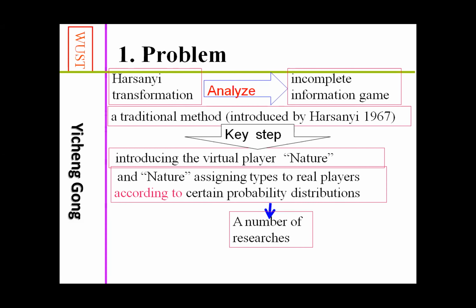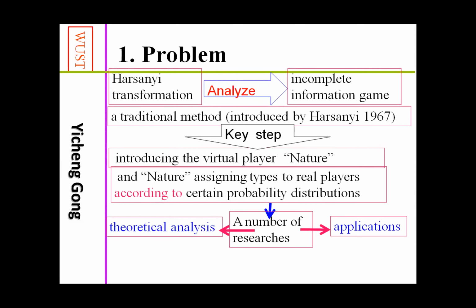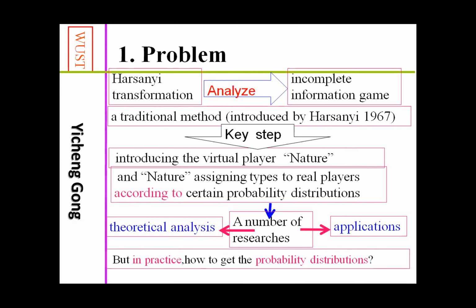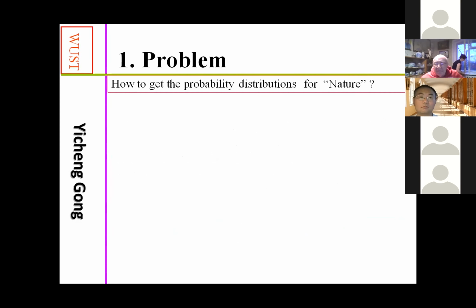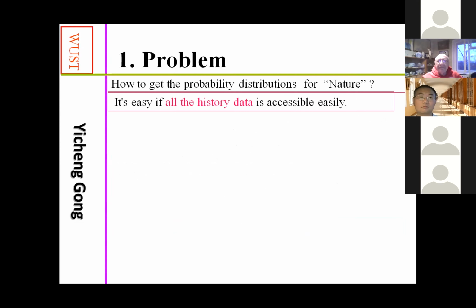Now, there are a number of researches about the theoretical analysis and the applications of Harsanyi transformation. But in practice, how to get the probability distribution? So the problem is how to get the probability distribution for nature.